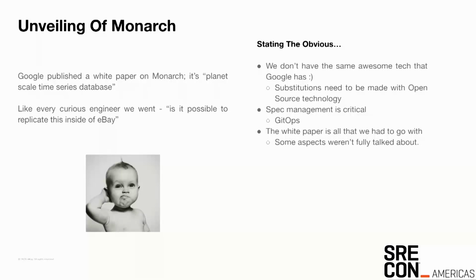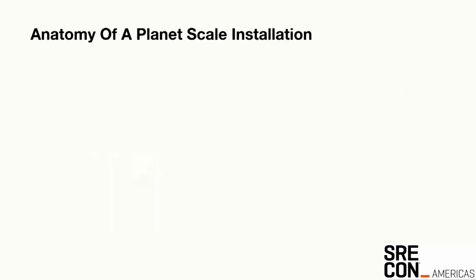Make sure that everything is available in Git. And you run control loops that can take the configuration to every region that you desire to. And the other challenge that was there is that the white paper is all that we had. And some of the aspects that we really wanted to know, the white paper didn't fully talk about. So at one point, it was like, we have to figure this out along the way.